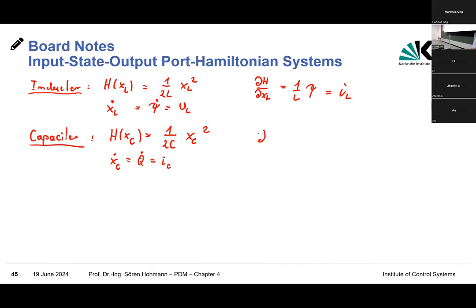And again, we can formulate our states. dH/dx_C is 1 over C times q, which is u_C, so the capacitor voltage, nothing more.